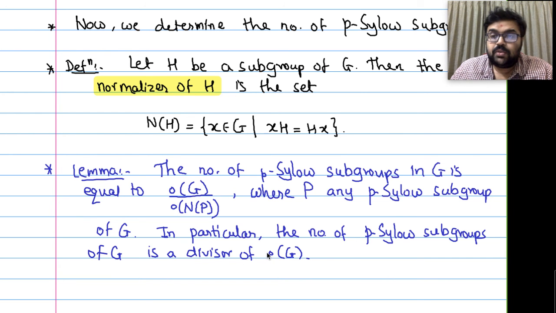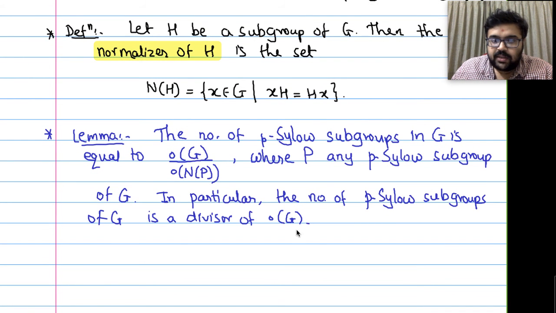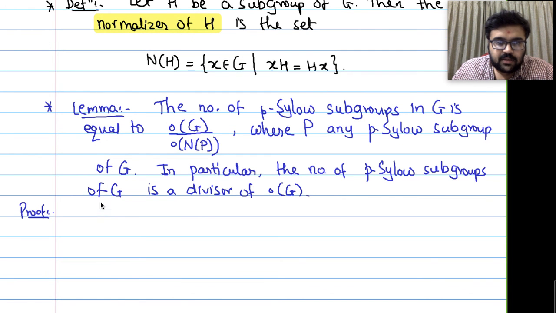We will be using Sylow's third theorem in the applications. But anyway, this gives the exact number. So in particular, it is a divisor of the order of G. Right. So let us see the proof. The proof is not difficult. What we have to prove is that the number of p-Sylow subgroups is this. So let us consider the collection.